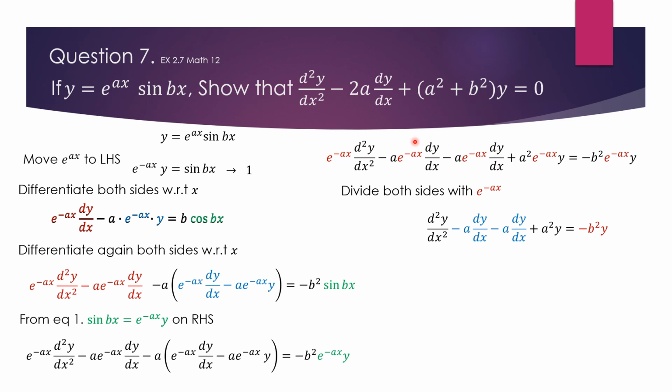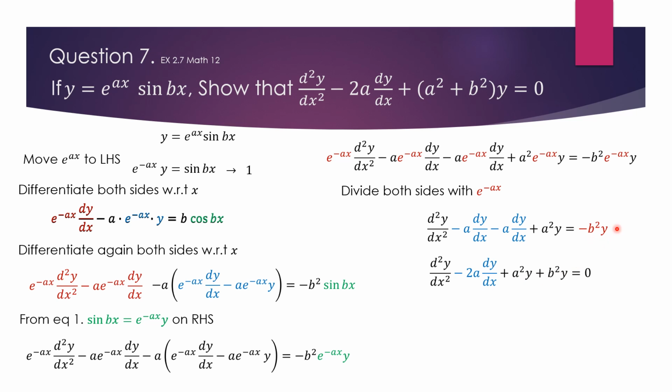And collecting the like terms: d2y over dx square minus a dy by dx minus a dy by dx plus a square y is equal to minus b square y. Now I have collected these two terms and write them again: d2y over dx square minus 2a dy by dx.